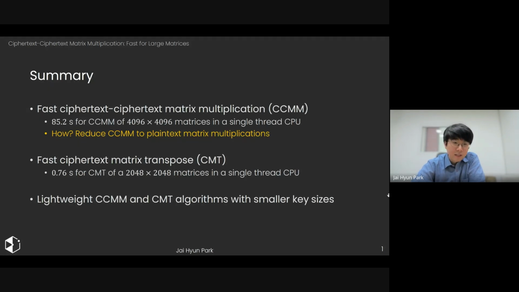I have both a basic algorithm and a lightweight algorithm for each of CCMM and CMT. The lightweight algorithm is slightly slower, but it requires only a small key size. This is the brief summary of this talk.